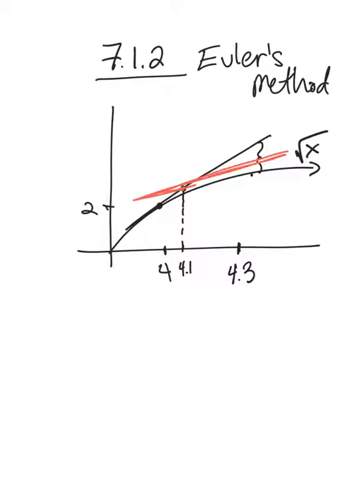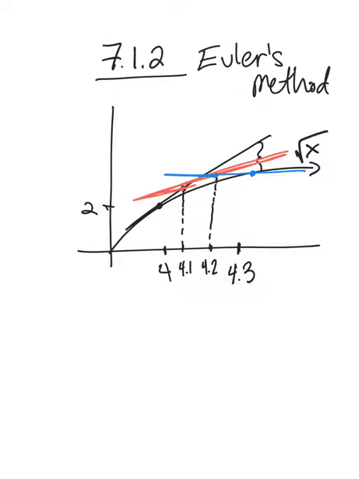And then I'll go to 4.2, and from that tangent line, I'll make another tangent line. So I'm making a tangent line on a tangent line on a tangent line. And it's not going to exactly be where it is at 4.3, but it's going to be pretty darn close. So Euler's method is just a tangent line on a tangent line on a tangent line.